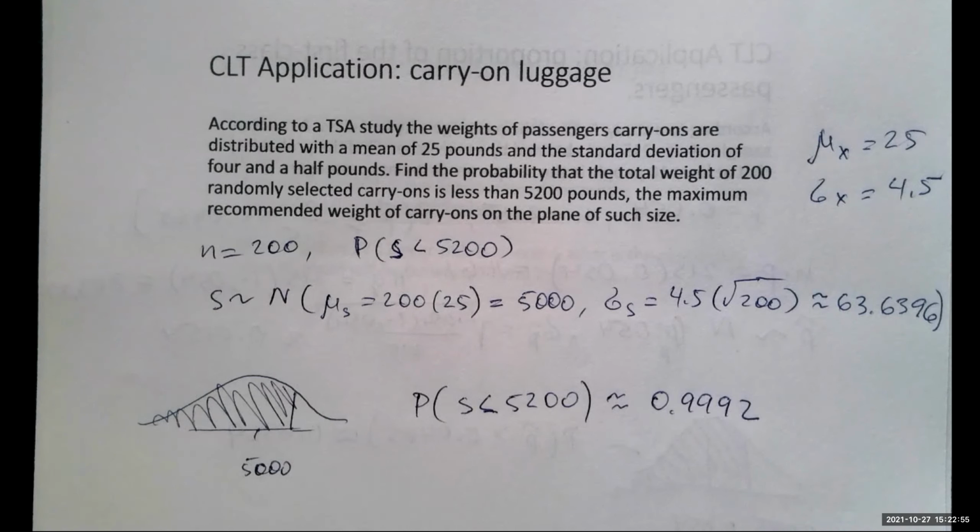So that was the application of the central limit theorem to the distribution of sample sums. Now, as you could see, all of these distributions follow the normal distribution: the distribution of sample means, sample proportions, and the sample sums.